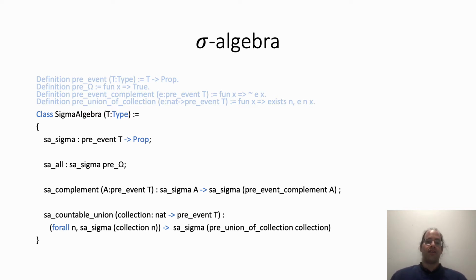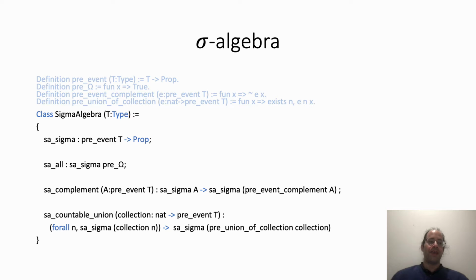Then sa_all says that pre_Omega, the universal set, has to be in the sigma algebra. sa_complement requires that given any pre-event A, if it is in the sigma algebra, so is its complement. And sa_countable_union encodes that given any countable collection such that every element in the collection is in the sigma algebra, then their union is also in the sigma algebra.